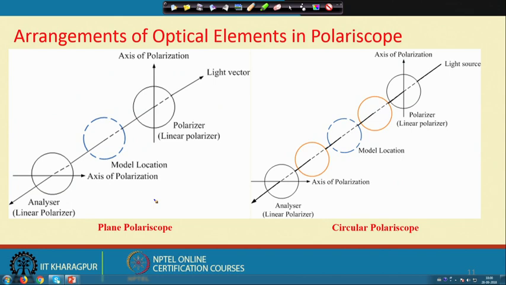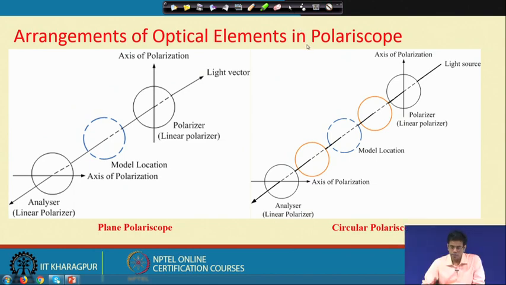So, this is a setup for plane polariscope, and this is a setup for circular polariscope, where we essentially use two different refractive index materials, and then you have one axis of polarization, and in the other direction another axis of polarization.